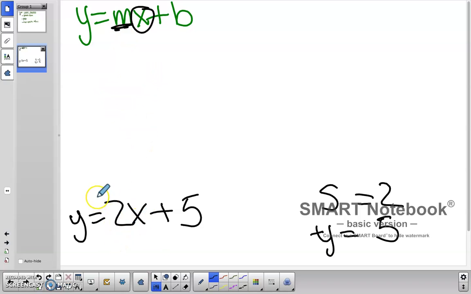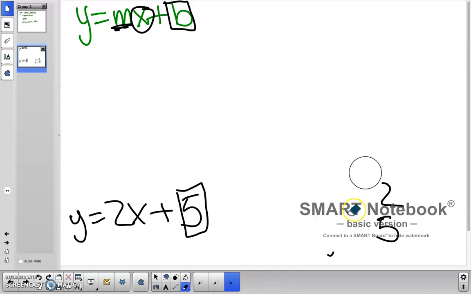So what number came before the x was 2. So the slope was 2. Now, let's take attention to the b, which is the y-intercept. And I said the y-intercept was 5, and that is correct because the y-intercept is the last term of this equation. And the last term in this case was 5, right?